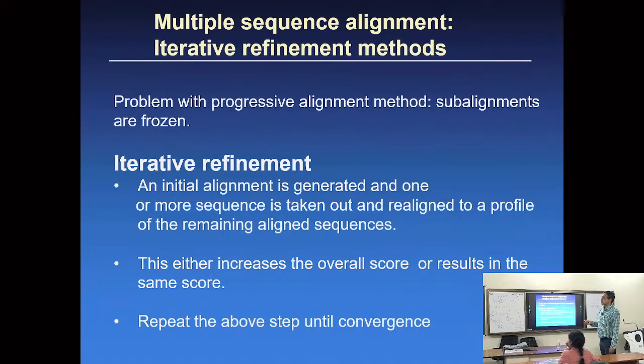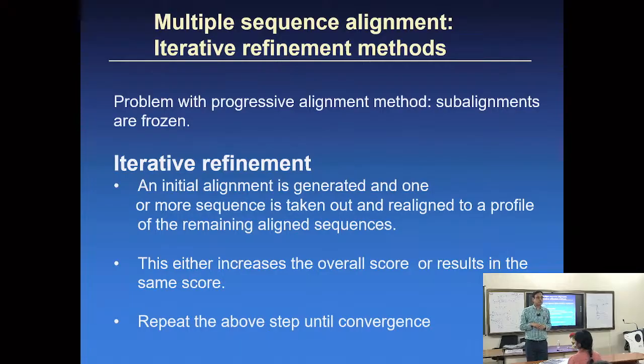Iterative refinement means that once you have generated a multiple alignment, you take out randomly one sequence from the alignment and align that sequence against a group of the remaining sequences using profile alignment. You learned about profile alignment. So you have a group of one sequence and a group of other sequences, and you perform alignment of those two using the profile alignment.